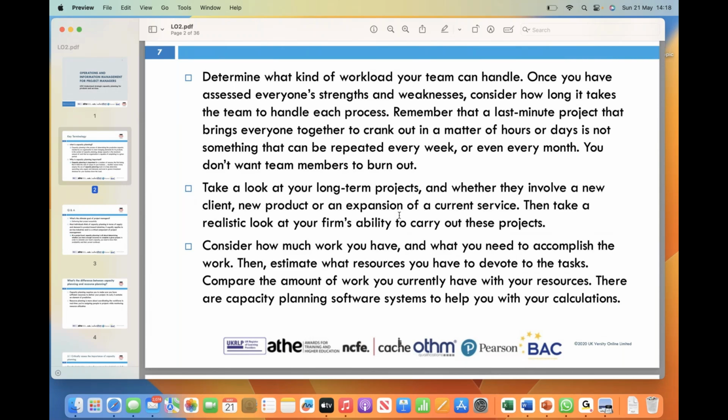So, if the workload exceeds your team's capabilities, you may need to consider alternative strategies such as outsourcing, hiring additional staff, or extending project timelines. This evaluation ensures that your team can deliver high quality work without compromising their well-being.